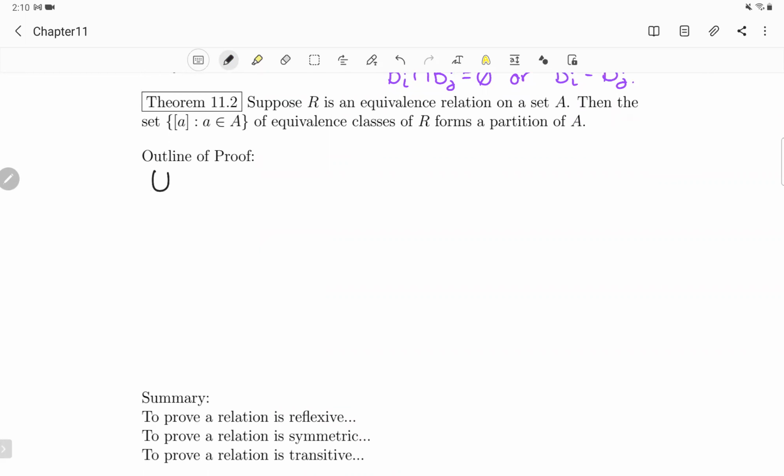So let's take the union of all equivalence classes of a, such that a is in A. I guess let's put in front of this, we want that to equal capital A. Which direction is our subset kind of obvious?